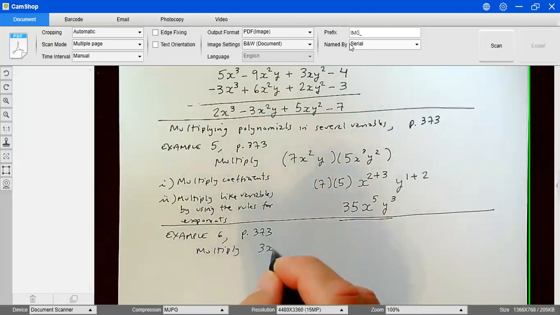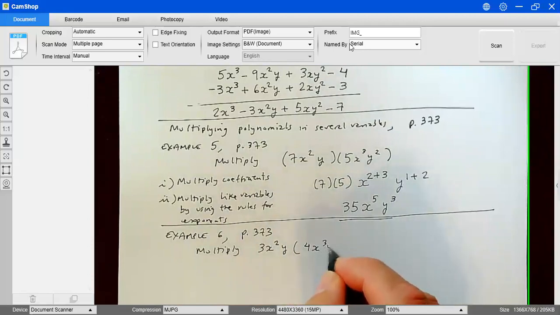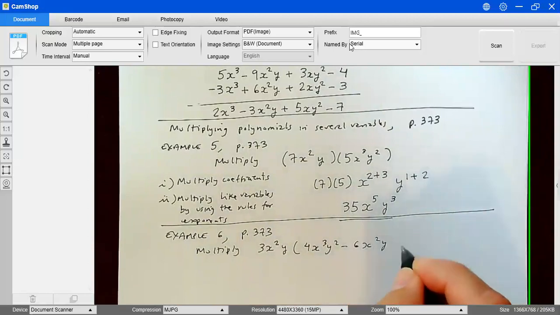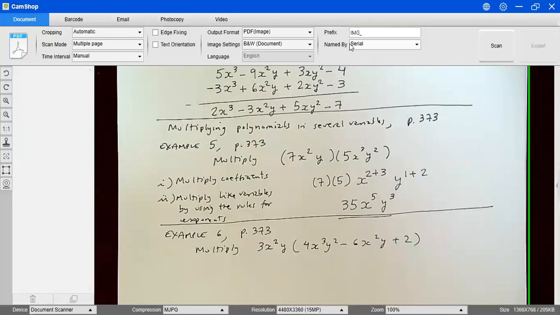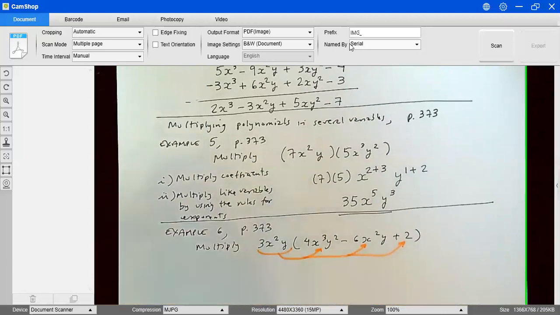So we have 3x squared y that multiplies 4x cubed y squared minus 6x squared y plus 2. So we're going to apply the distributive property. So we're going to multiply this monomial by all of the 3 terms inside of the parentheses. So let's write this multiplication.